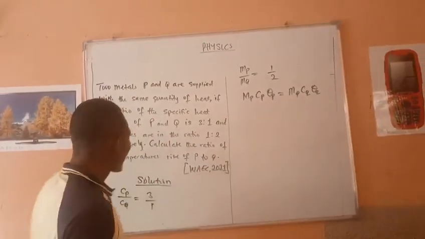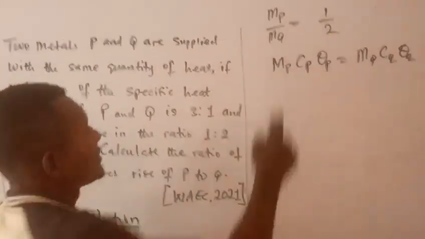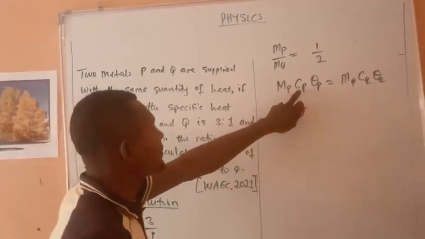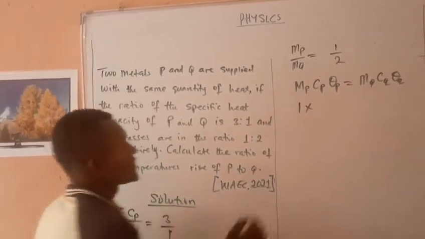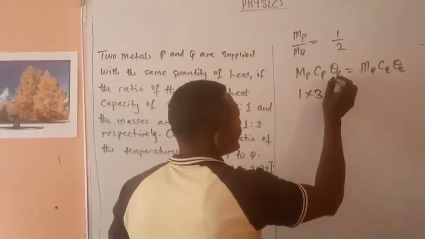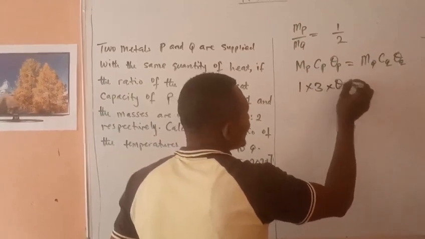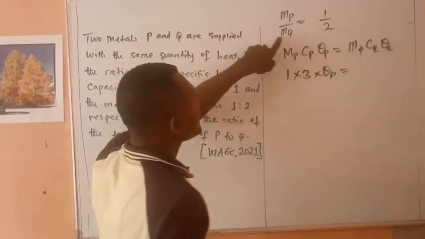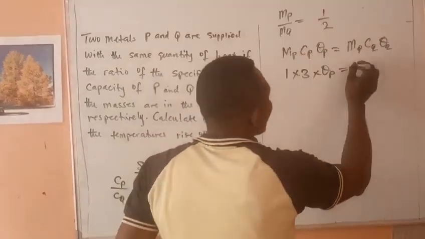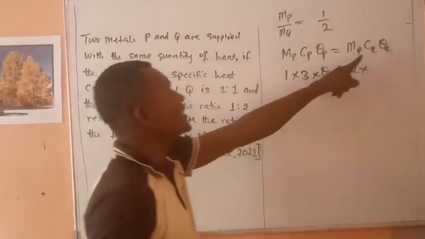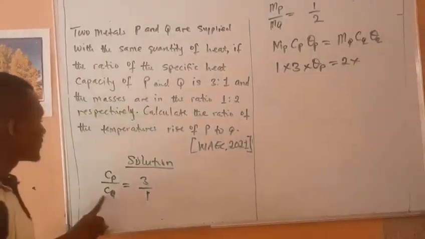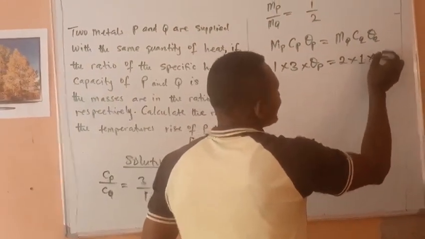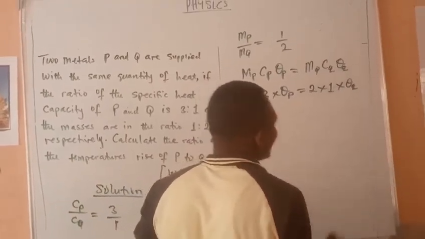So for P, the mass of P is 1, so I write 1 times the specific heat capacity of P, which is 3, times the temperature change of P, is equal to the mass of Q, which is 2 because they are denominators, times the specific heat capacity of Q, which from the relationship we know is 1. So that is 2 times 1 times the temperature change of Q.